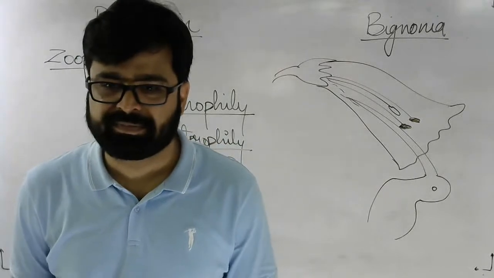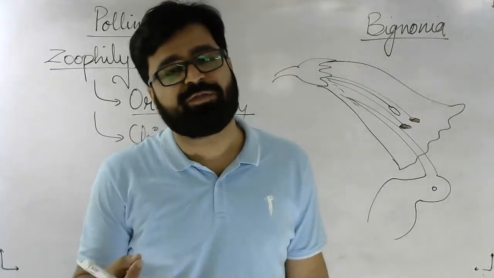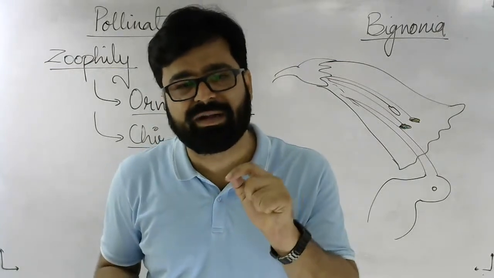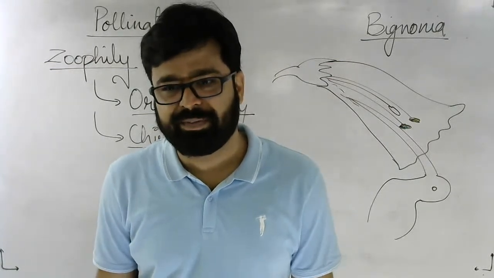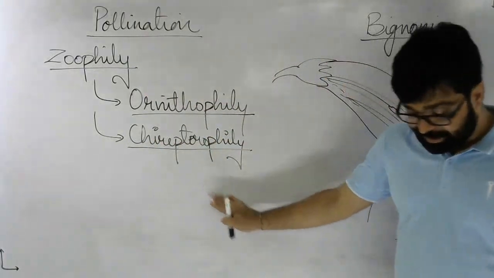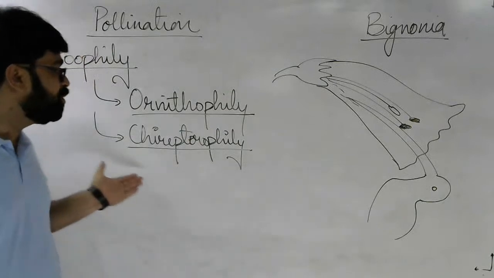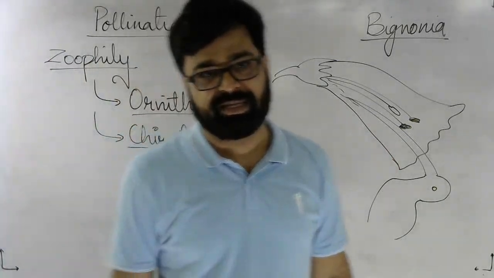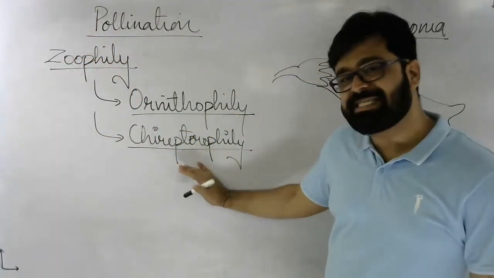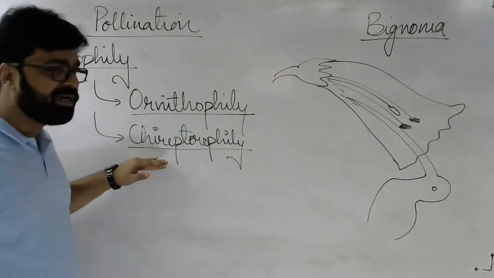Absolutely. I told you crow is omnivorous, basically carnivorous. The shape of its beak is made for tearing flesh, right? It is made for tearing meat. That's why. Now, chiropterophily. An important characteristic feature of chiropterophily is that pollen can be transferred to very long distances, many kilometers, right? Even 1000 kilometers away bats can transfer or transmit pollen, right? Yes, so that is the most important one.